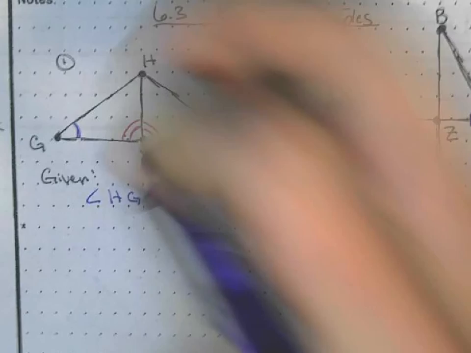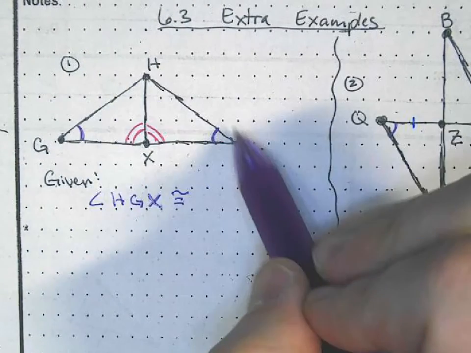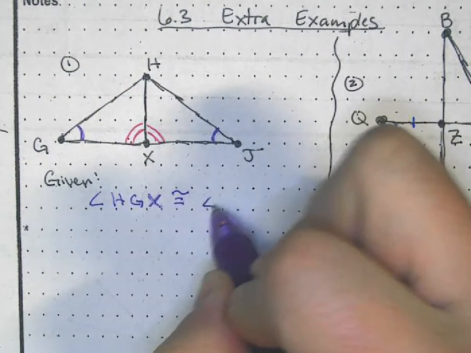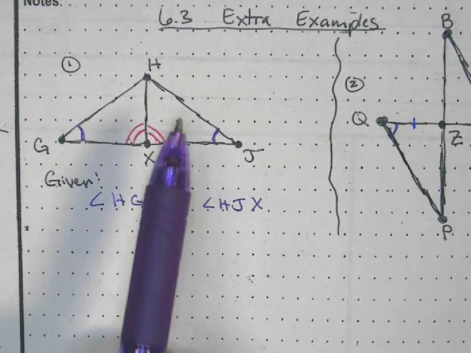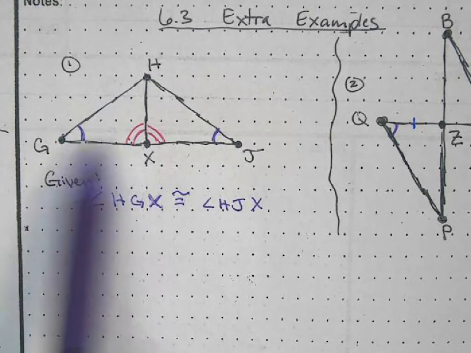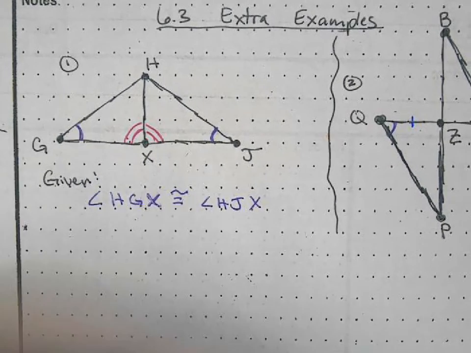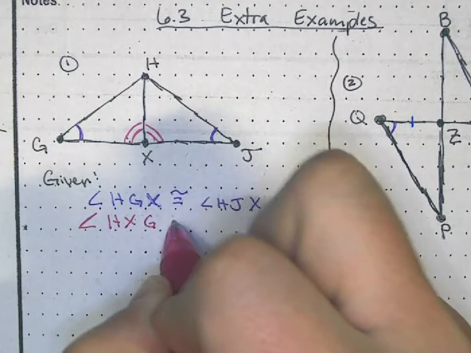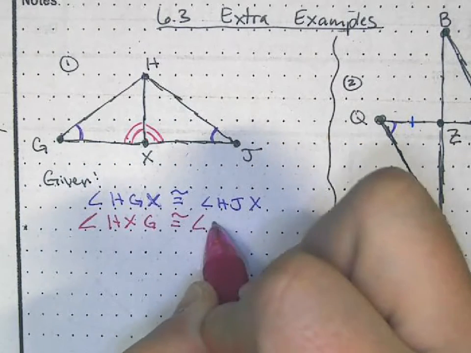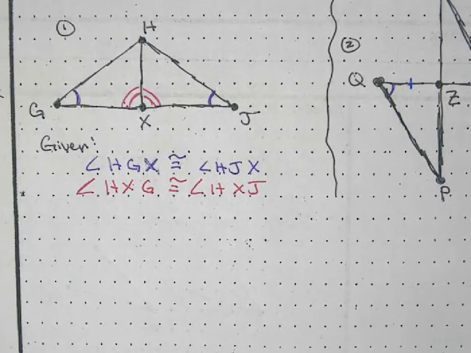That's not a K, it's an X. And then I'm given that HXG is congruent to HXJ. The pink is congruent to the pink. Like that. Now, where's that third piece?